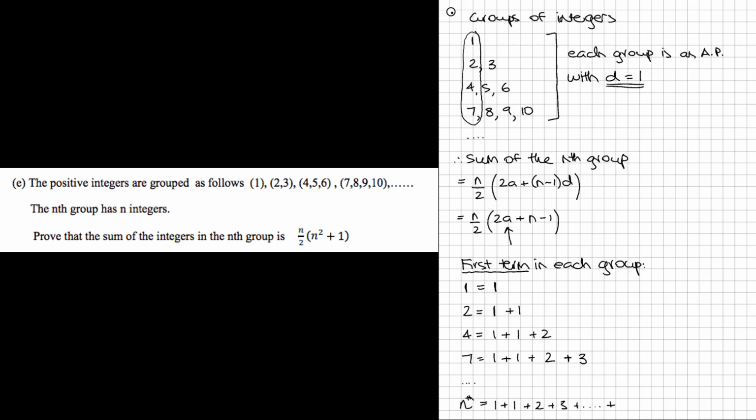And we'd keep going up until, well, in the first group, we added really 1 plus 0. In the second group, we added just 1, which is 2 minus 1. In the third group, we ended up with 2, which is 3 minus 1. In the fourth group, we stopped at 3, which is 4 minus 1. So really, in the nth group, you're going to keep going and you're going to stop at n minus 1.